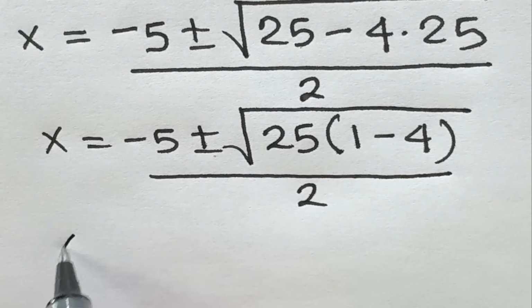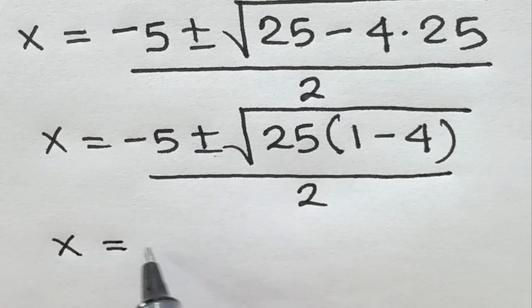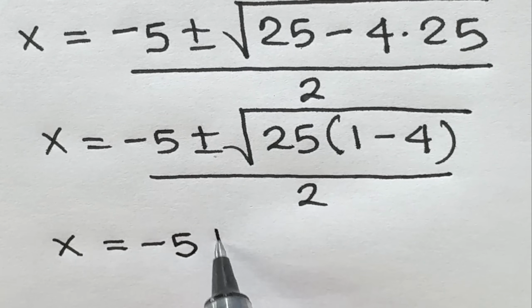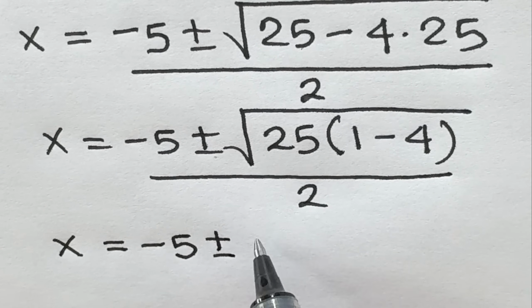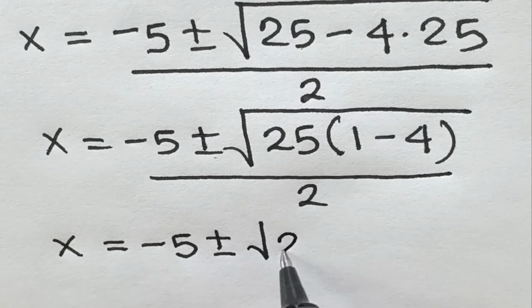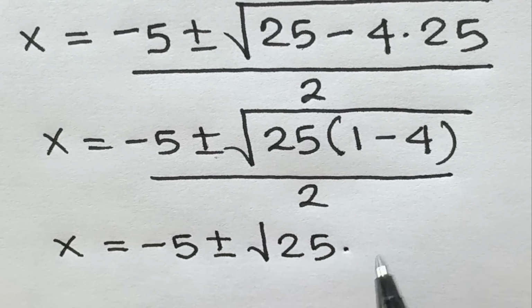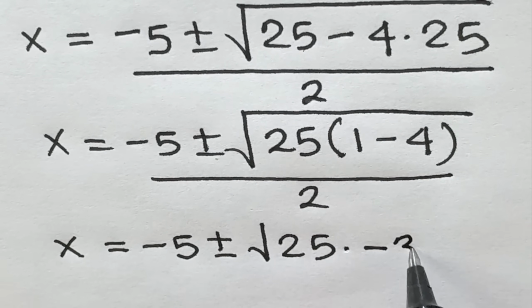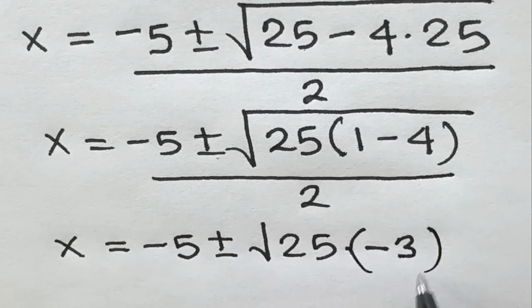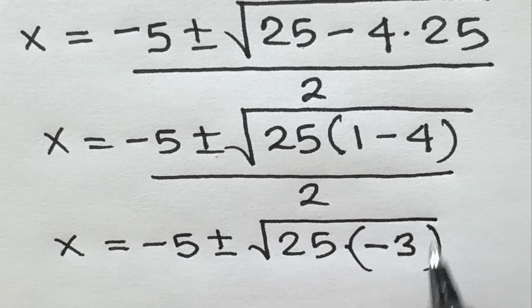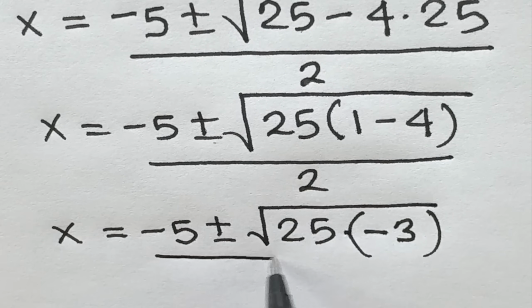We have x is equal to minus 5 plus or minus the square root of 25 times 1 minus 4, which is minus 3. So the square root of all of that, then divided by 2.